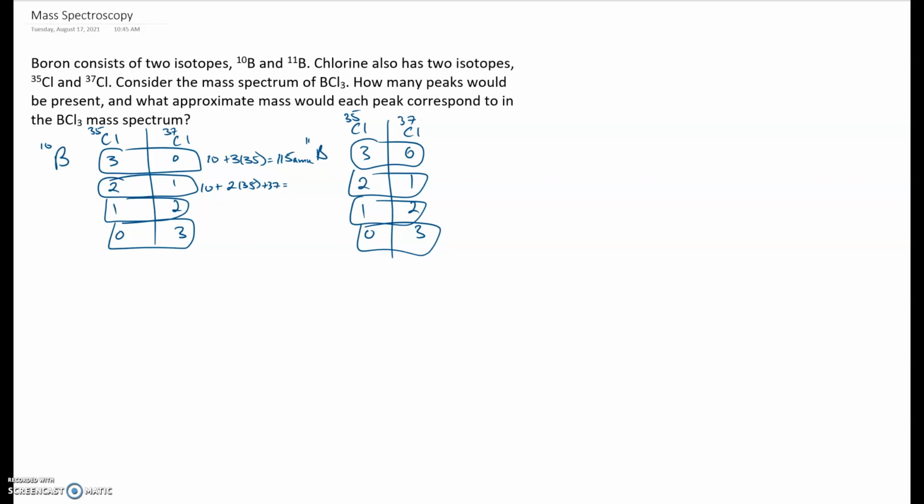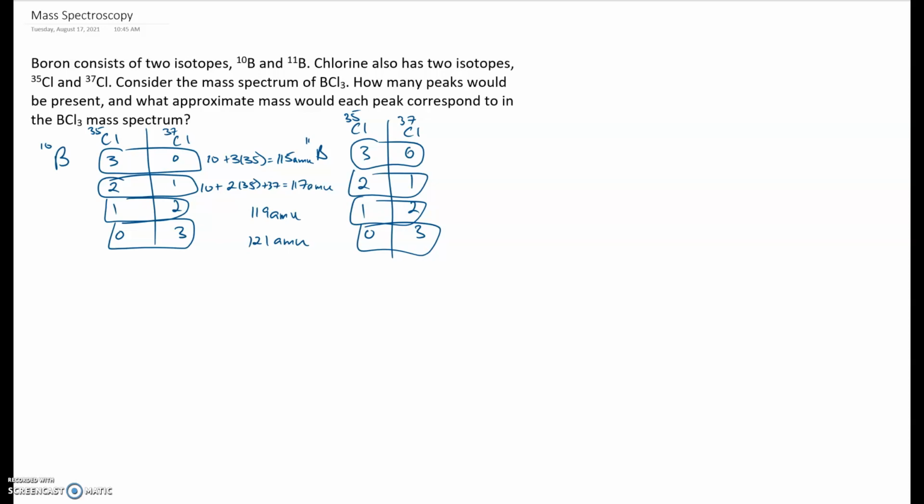So this one is going to be 117 AMU, and this will be consistent. This one will be 119 AMU. We gain another 2 AMU, and this one will be 121 AMU. Okay, so those would be the 4 masses of the boron trichlorides with the boron 10.